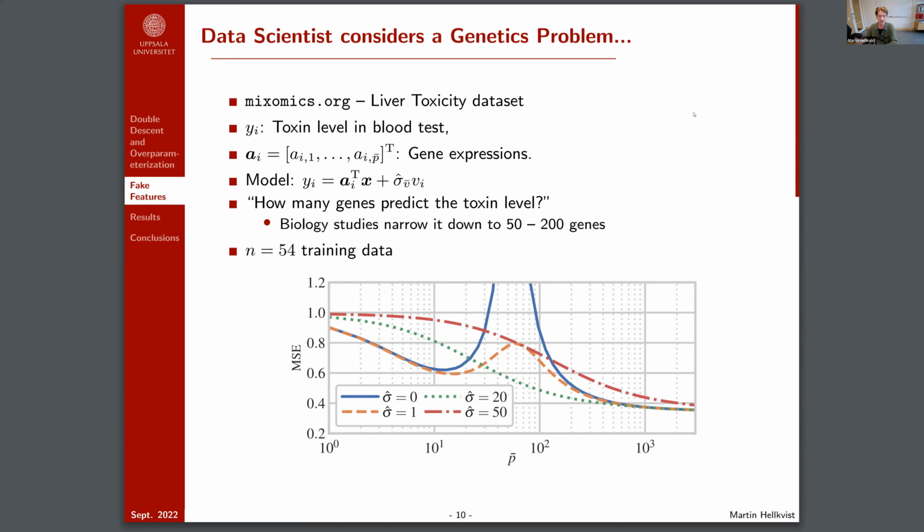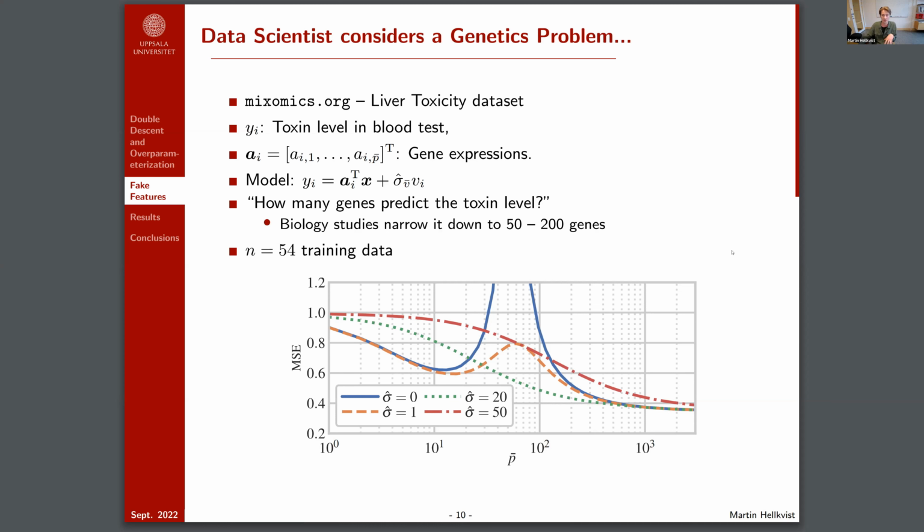And with this data at hand, a natural question is, which genes should I observe to predict the toxin level? Or rather, how many genes should I use to predict the toxin level? And this maybe can be translated into a bigger question of, can I predict this type of liver damage using a DNA sequence?